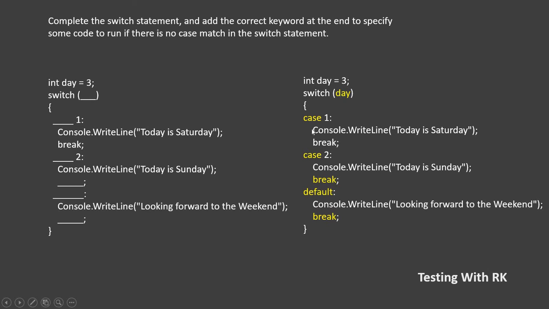We need to specify the variable, case is a keyword, and when it matches that particular one, it will perform whatever it needs to perform in this block. Case 2, console, and break statement to come out and complete that block. We also discussed this keyword called default. Default performs if none of these cases are matched, the default block will be executed automatically.